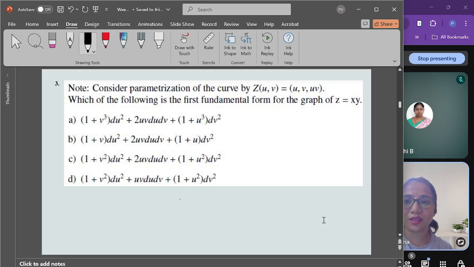Now the next question is given. Consider the parameterization of the surface by z(u,v), defined by uv. Which of the following is the first fundamental form of the graph of z equal to xy?